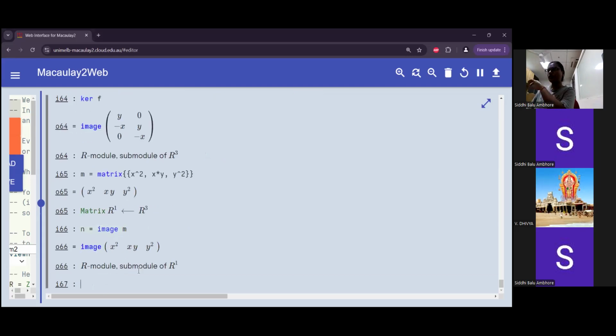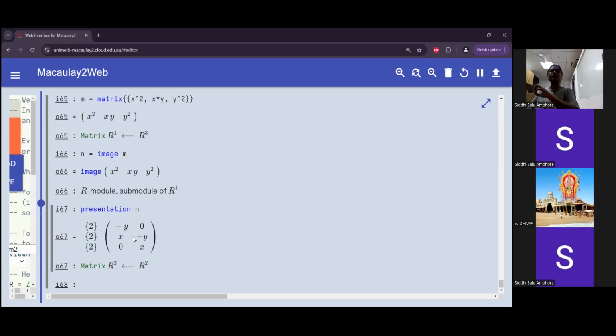This is just for it to consider it as an R module instead of just some matrix. So when I do this, it takes the image of this matrix. And when I do the presentation of this N, it gives me this exact matrix which we have here. Okay, so this is how we can do it.